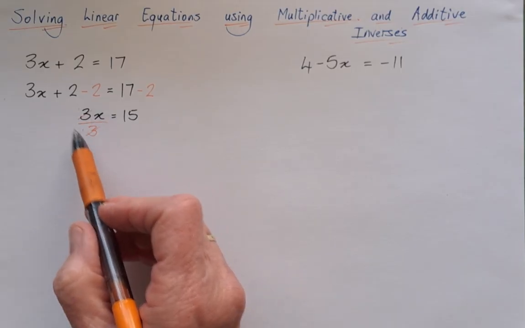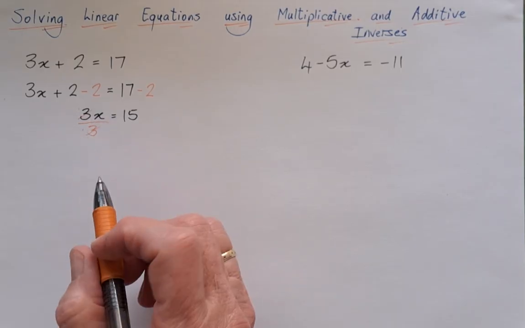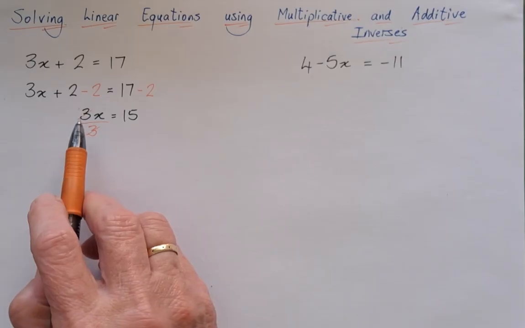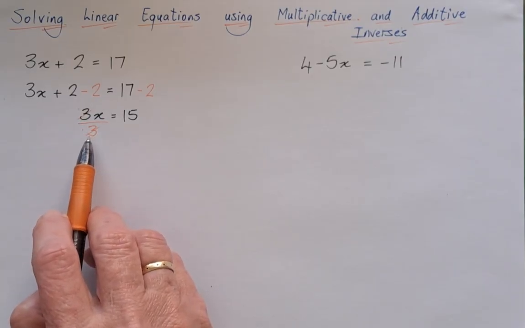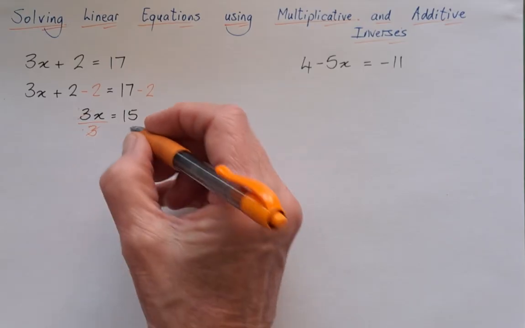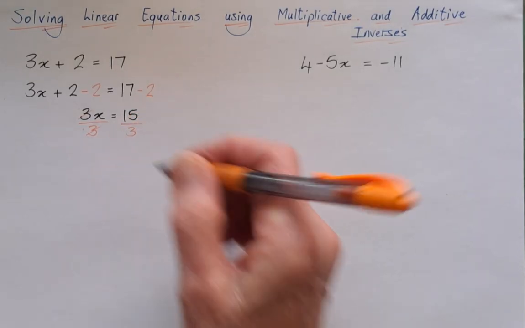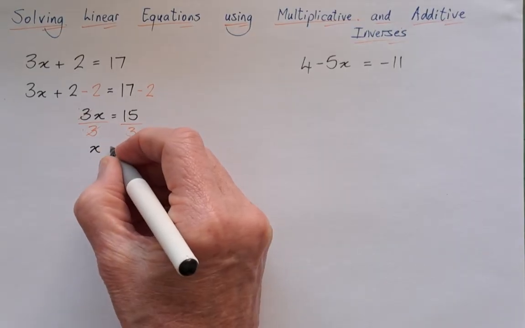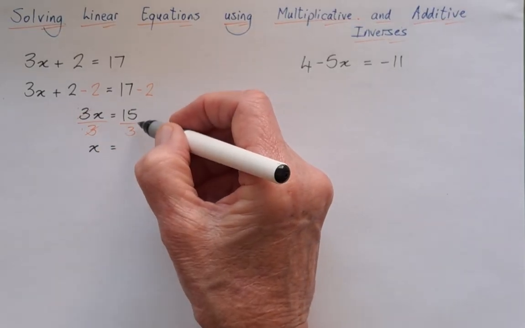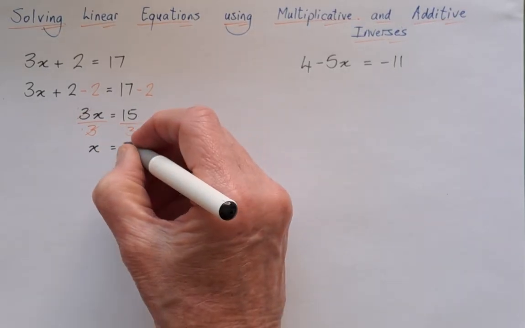It's no rocket science: you look at what the coefficient is, and you divide by exactly that coefficient. But whatever you do to the left-hand side, you have to do to the right-hand side. So here I'm left with x, and here 15 divided by 3, which gives me 5.